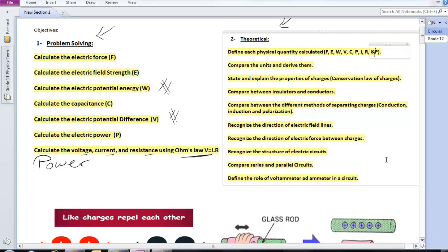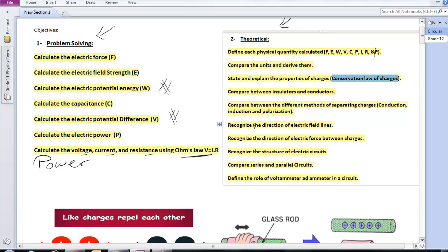Also, we need to be able to state and explain the properties of a charge and to mention the meaning of the conservation law of a charge. We need to be able to compare between insulators and conductors. Also, we will be comparing between the different methods of separating charge, like conduction, induction, and polarization.